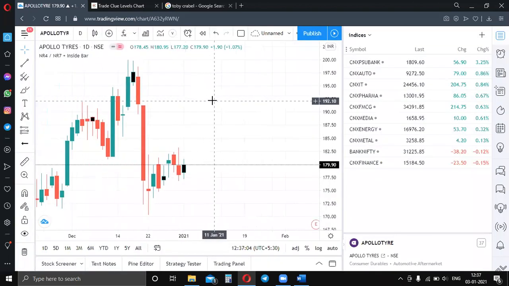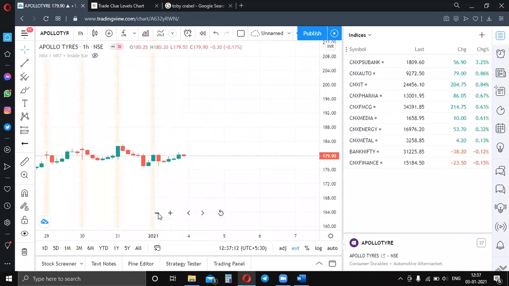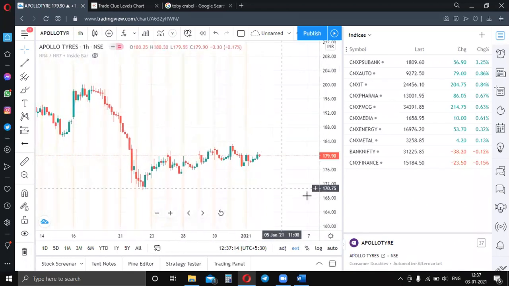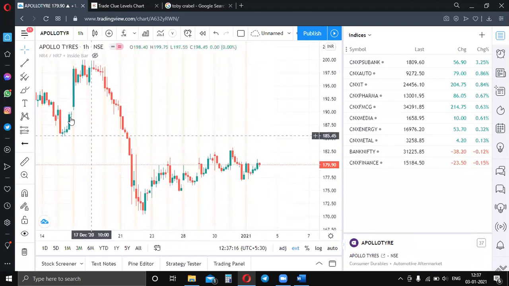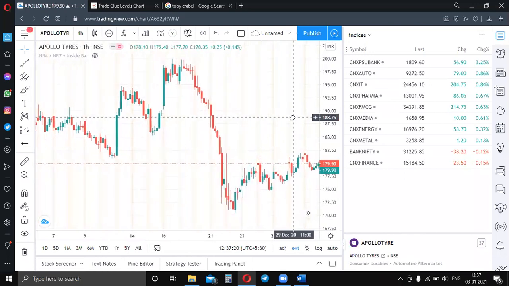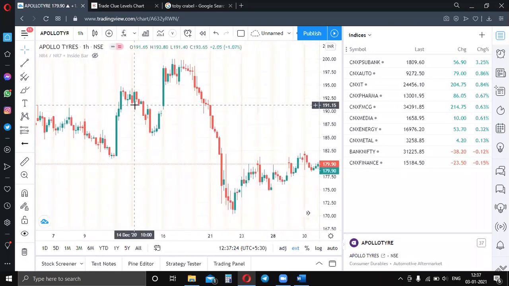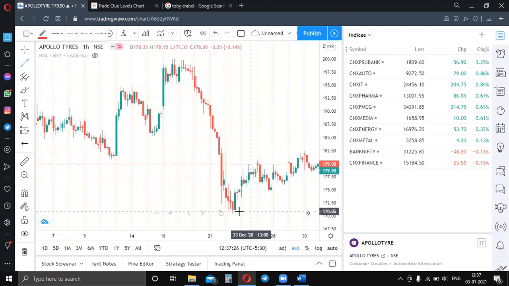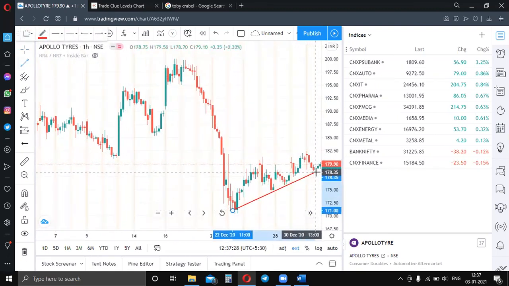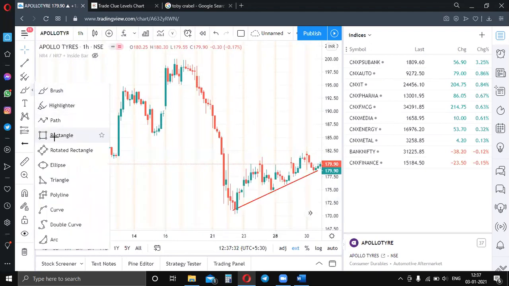Now, in Apollo Tyres, what was the pattern it was forming earlier? It started forming up till here, a trend line and a resistance.